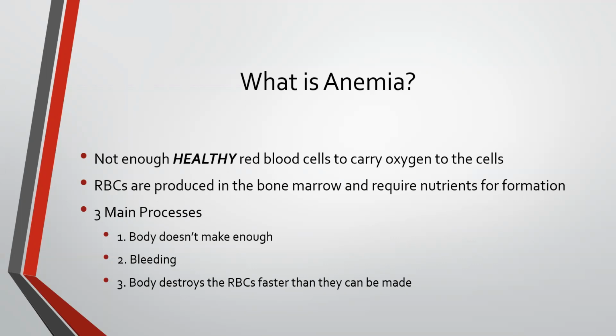Number two, your body is bleeding for some reason. And number three, the body destroys the red blood cells faster than the body can make and use them appropriately. We're going to talk a little bit more about these three main processes so you can wrap your head around it.